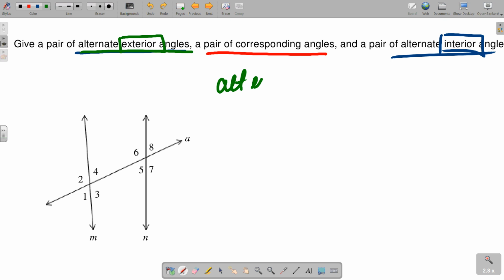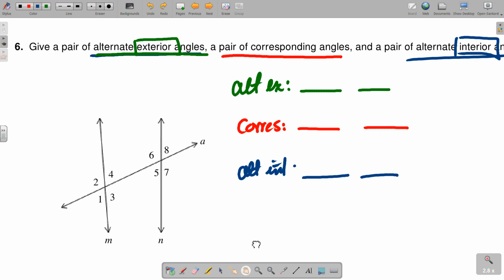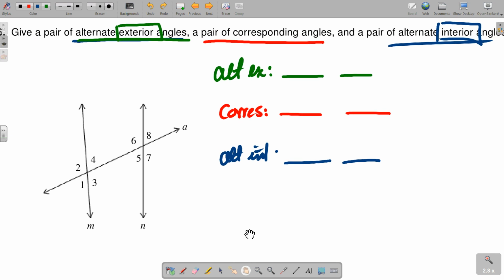Alternate exterior, one pair of angles. Corresponding, one pair of angles. And alternate interior, one pair of angles. Pause the video and then check your work on the last page for problem number 6. Do this on your own. Pause the video. Check your work.